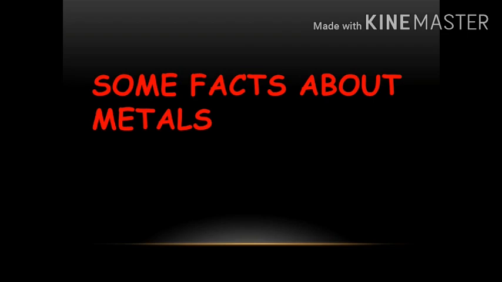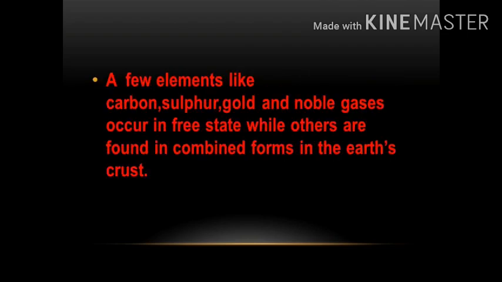We can now look at some facts about the metals. A few elements like carbon, sulfur, gold and noble gases occur in free state while others are found in combined forms in the earth's crust.